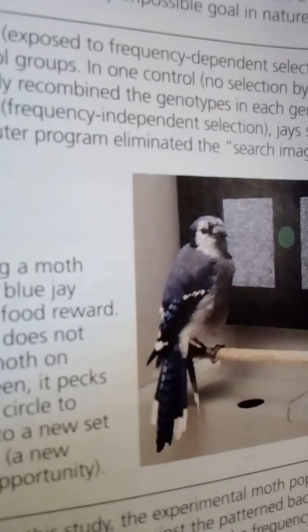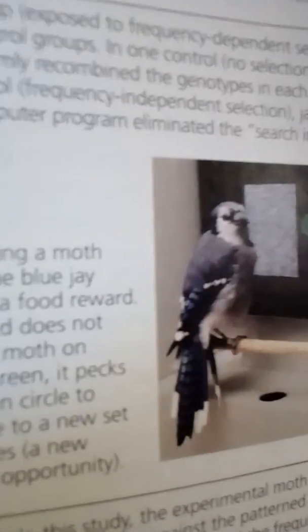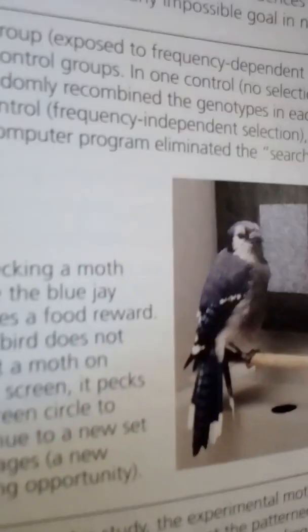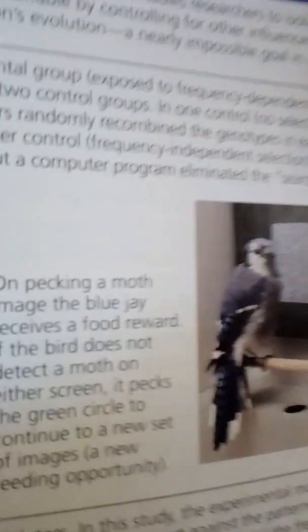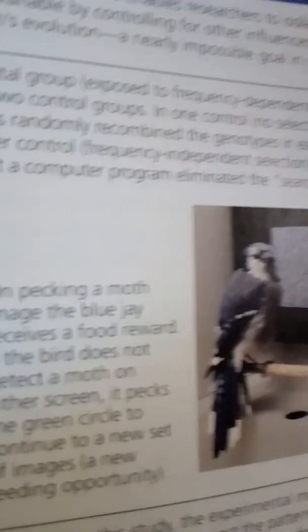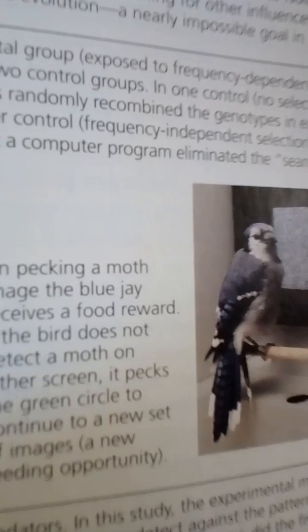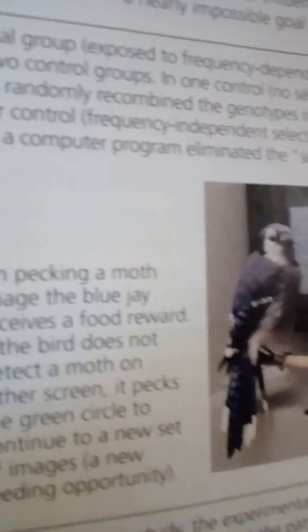As their skill grew, the computer program adjusted the frequencies of the virtual prey, making the common type rare and formerly rare types common, just as natural selection would do. The researchers also programmed mutations that introduced new moth patterns. Whenever a type of moth became common, the jays rapidly learned a new search image and targeted it.